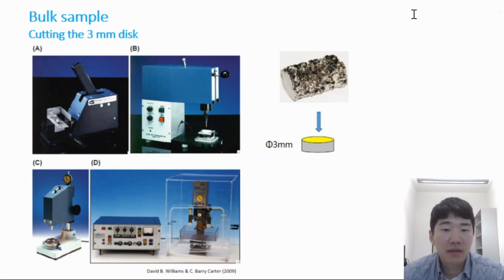But keep in mind that spark erosion can only be used for conducting samples, so there are some limitations and constraints we need to think about. You can also induce high temperature during cutting, for example drilling and spark erosion, so temperature-induced artifacts should also be taken into consideration.